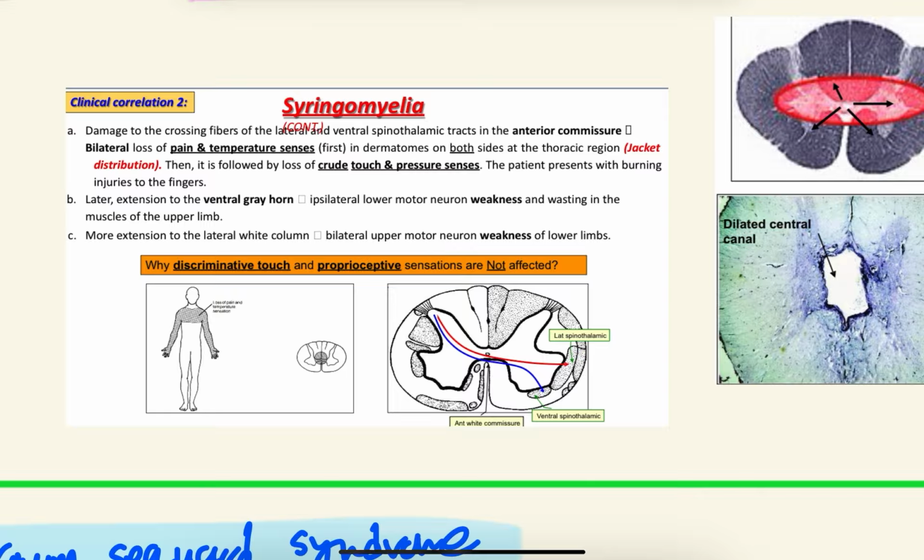Then it will affect the ventral gray horn, leading to ipsilateral weakness in the upper limb, and then it will affect the lateral white column, which will lead to bilateral upper motor neuron weakness of the lower limb. So remember, the upper motor is for the lower limb, the lower motor is for the upper limb. Don't get it confused, it's easy. Just make sense out of it.